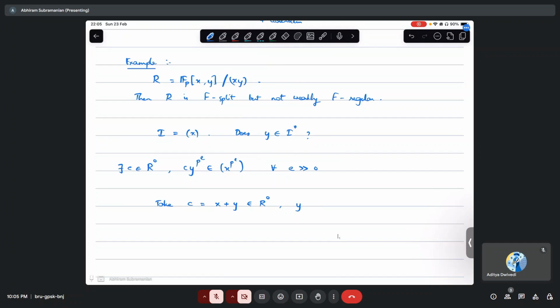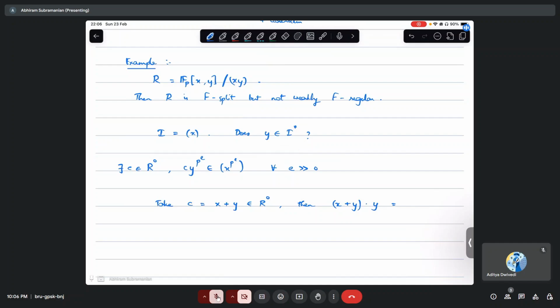Then x plus y times y is actually equal to y square.